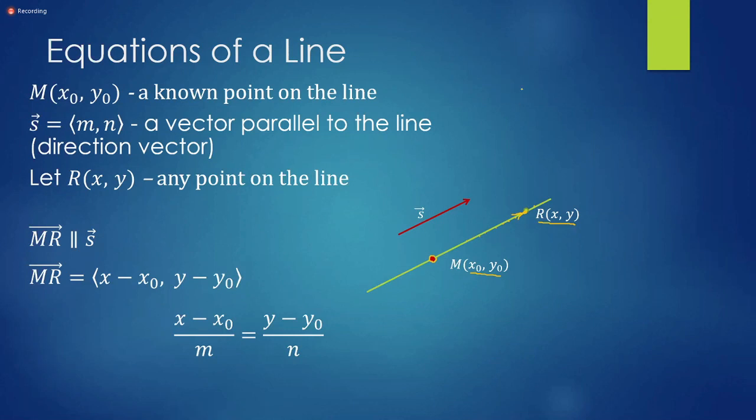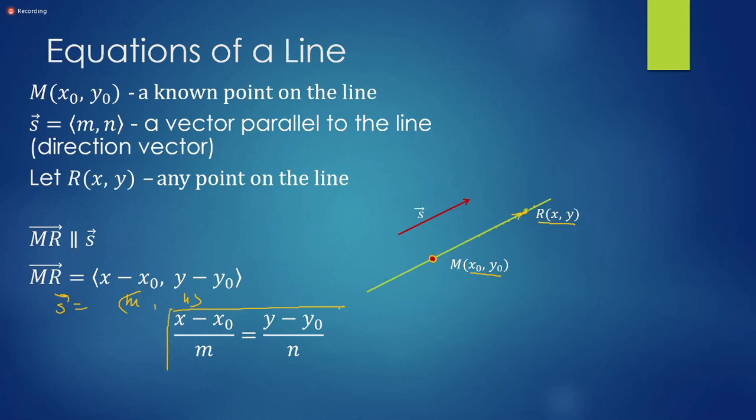For vector MR, the coordinates are x minus x0, y minus y0, and for the vector S, they are the numbers m and n. Then obviously we can write this proportion.